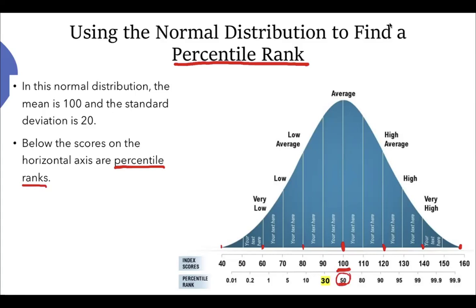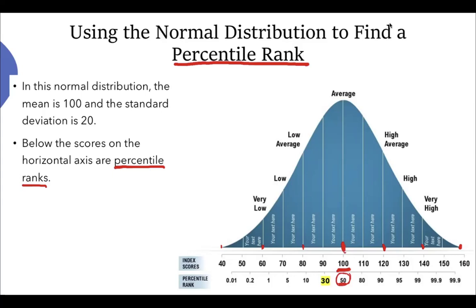And that's what we discovered when we talked about percentile ranks and the median, that the median is the 50th percentile. It has a percentile rank of 50 because it is halfway through our distribution. 50% of data values fall above the mean, and 50% of data values fall below the mean in a normal distribution.